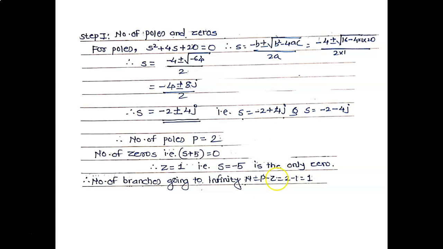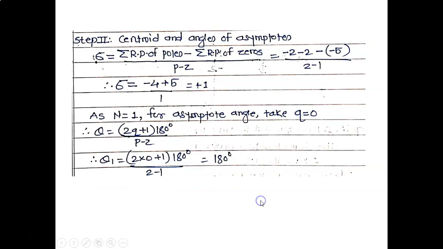Now, we will find out the angle of asymptotes. First of all, we will find out the centroid, and then we will go for the angle of asymptote. Then step 2, centroid and angle of asymptotes. We have combined these two steps here. Centroid sigma is equal to summation of real parts of poles minus summation of real parts of zeros divided by p minus z. Now what are our poles?